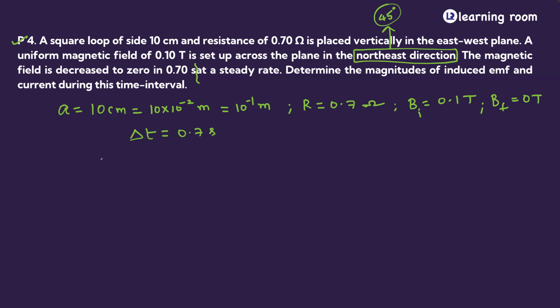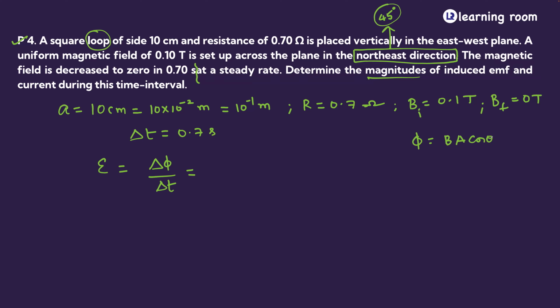So EMF is equal to, can I write it as delta phi divided by delta t? Because they use the word loop. Loop means there is only one turn. Coil means n turns. So delta phi by delta t, I wrote it without a minus sign because they asked for magnitudes. Now, I told you in the beginning, phi is equal to BA cos theta.